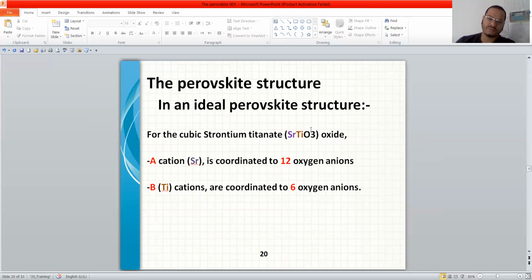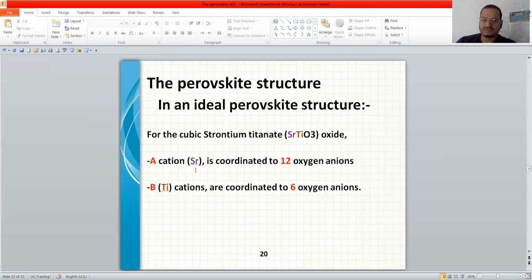Here, for the cubic strontium titanate, SrTiO3, at the previous slides, what I said was ABX sub 3. That means cation A equals Sr, cation B equals Ti, and O3 equals X3, depending on what you want.